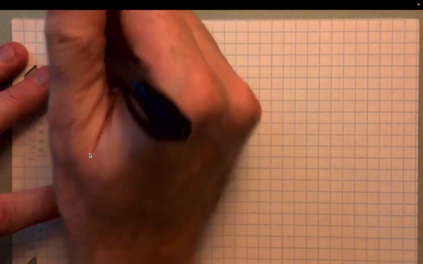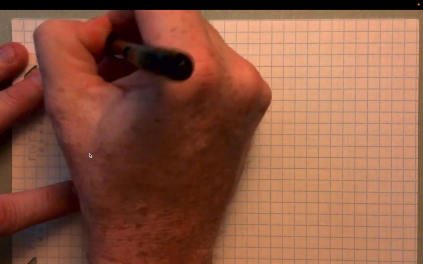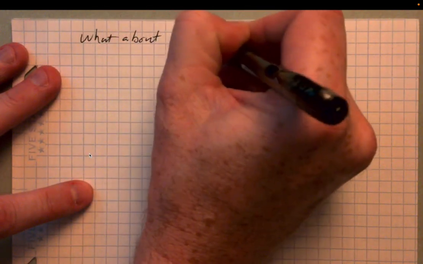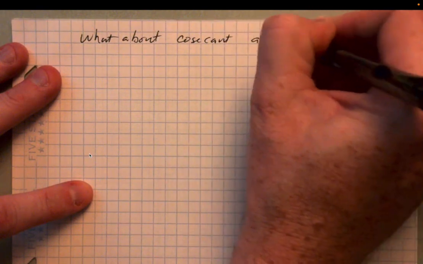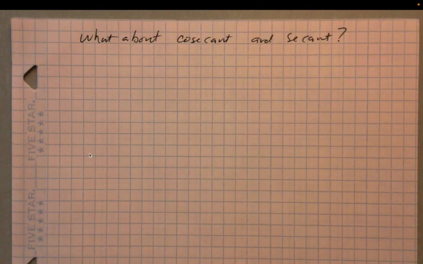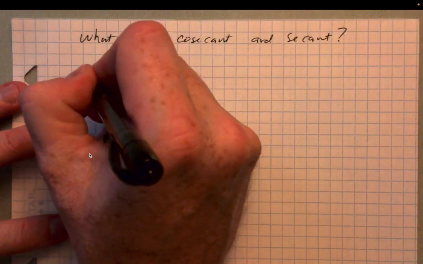Let's talk about cosecant and secant. For these, what we need to keep in mind is that they are related to sine and cosine.